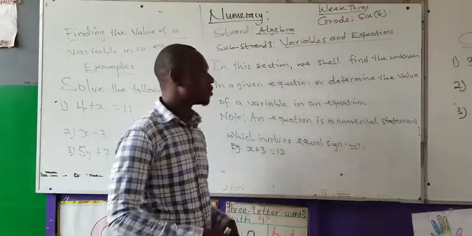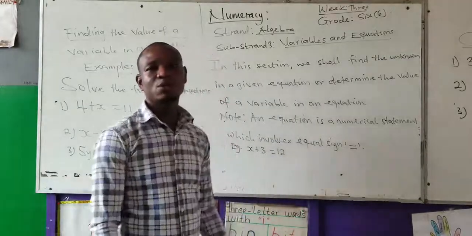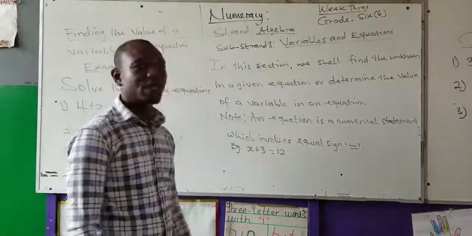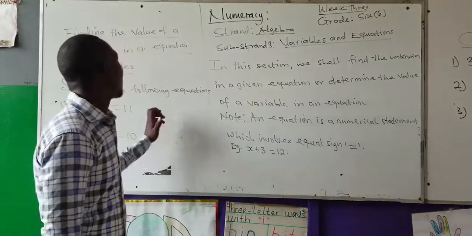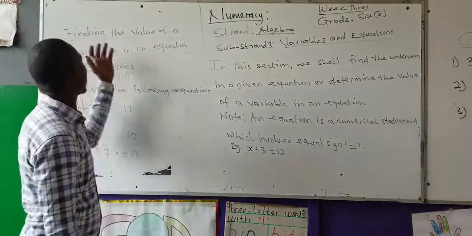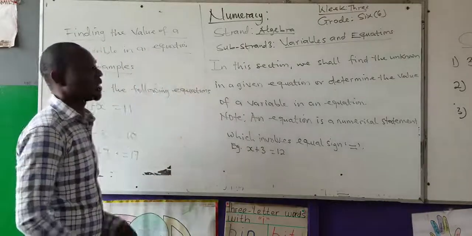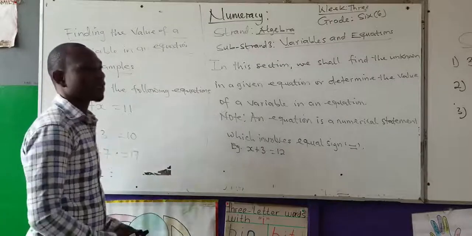Then we proceed to examples. If you look at the examples here, we have finding the value of a variable in an equation. That is the indicator we are going to deal with in terms of variables and equations.